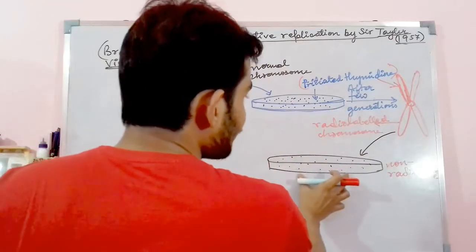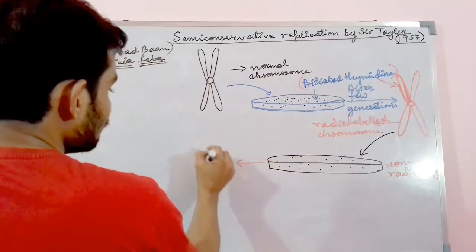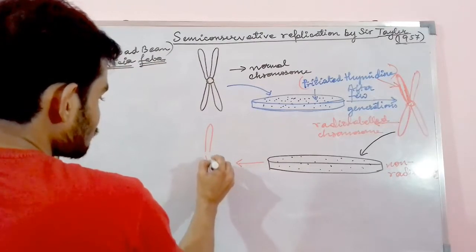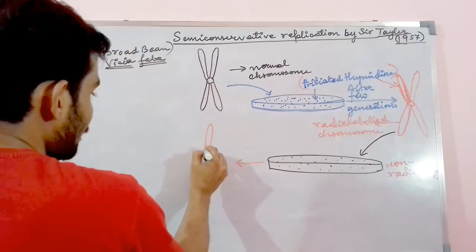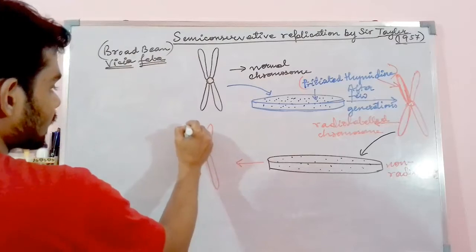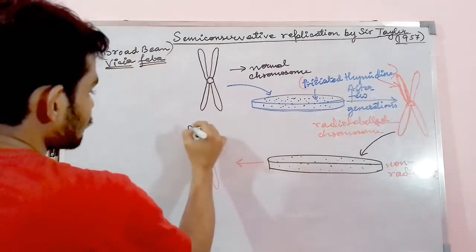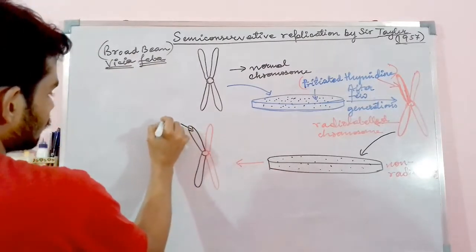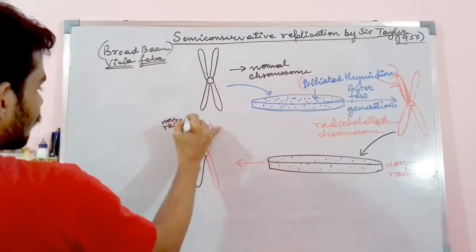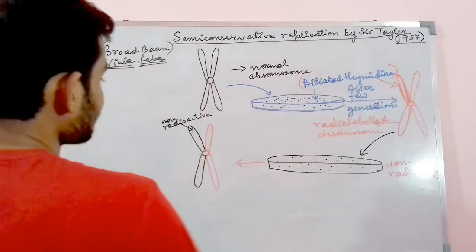Because in the non-radioactive medium, when this radioactive chromosome multiplied, it formed one radioactive section of the chromosome and one non-radioactive section of the chromosome. So this was non-radioactive, but this was radioactive.